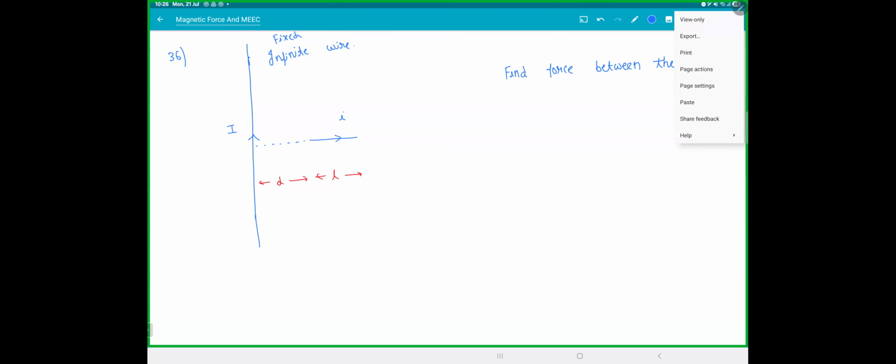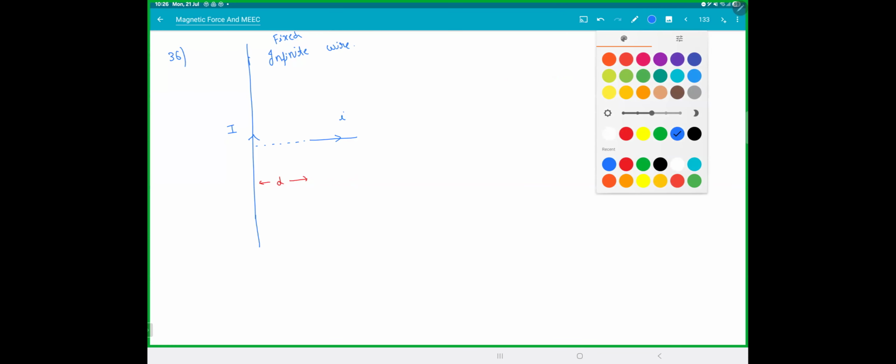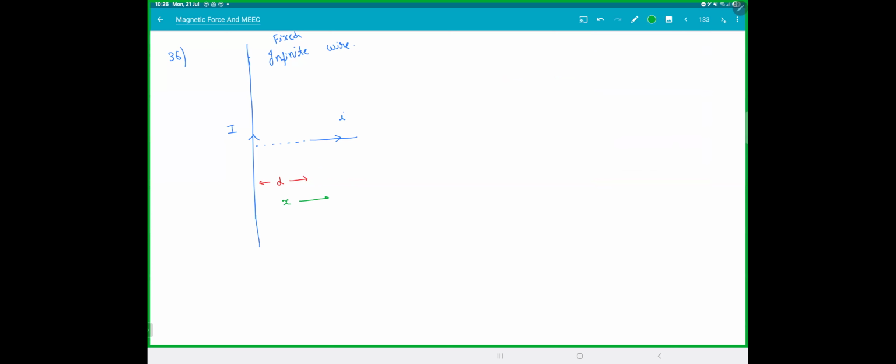Let's see. At a distance x from here, take a small dx. The magnetic field here will be downward, which is mu naught I by 2 pi x.